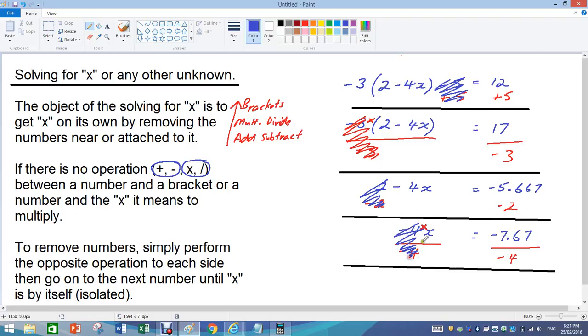So we don't have to show that. We just got x equals negative 7.67 over negative 4. It'll be a positive answer because they're both negatives, which means you get a positive result. If these signs are the same, when you divide or multiply, you get the same sign. So say positive positive or negative negative, then the result will always be positive.